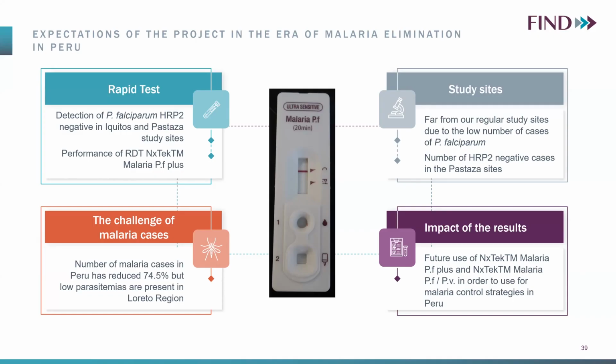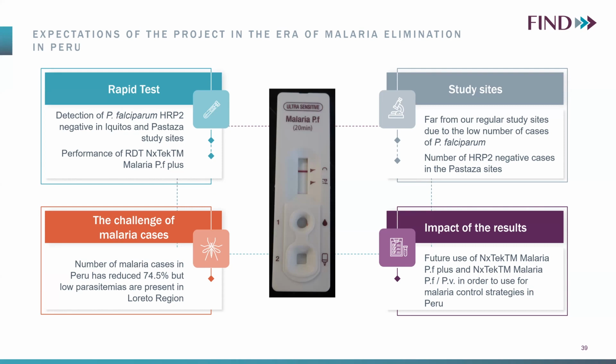Okay, first of all, we have expectations about the rapid test. We want to evaluate the detection of the P. falciparum HRP2 negative in Iquitos and Pastaza study sites, and also see the performance of these new and improved RDTs.